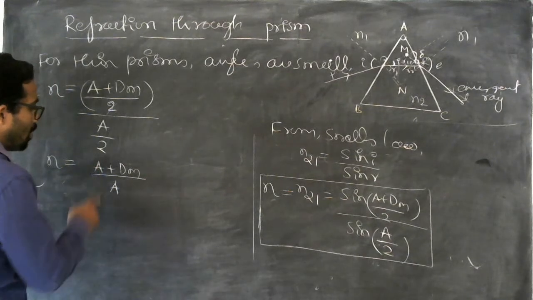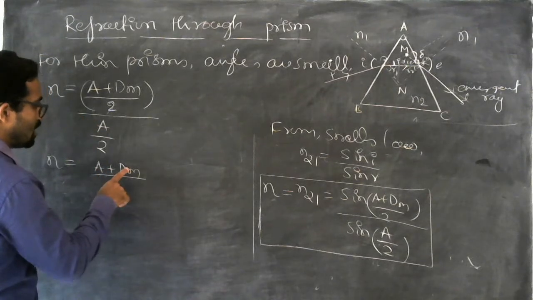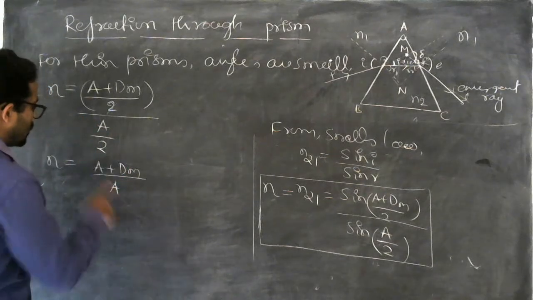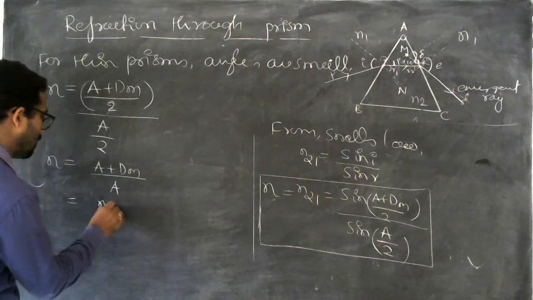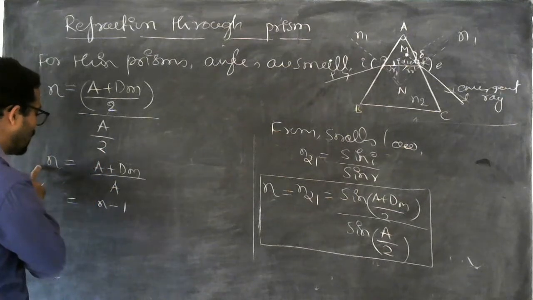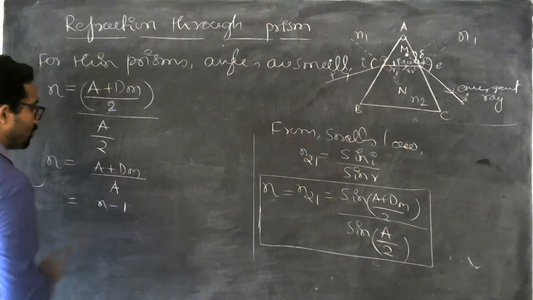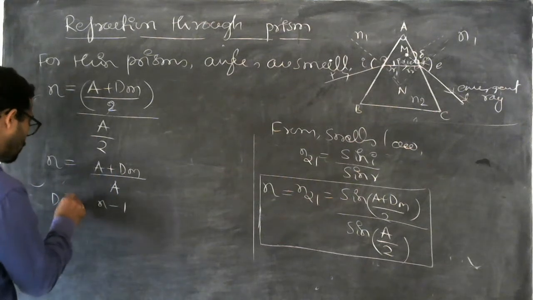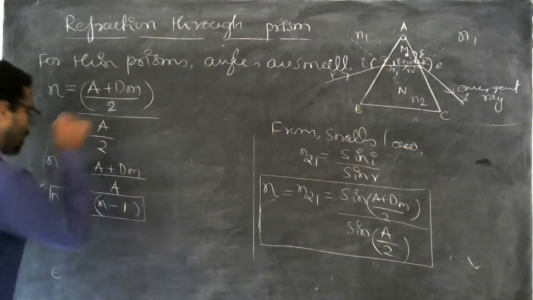Now take the denominator to each term: A by A is 1, plus dm by A. So take the 1 to this place, that becomes n minus 1, which is equal to dm by A. So dm is equal to A into (n minus 1).